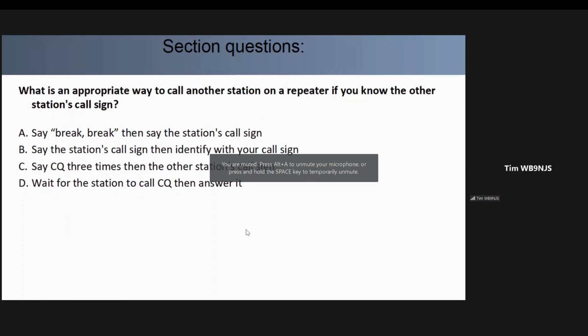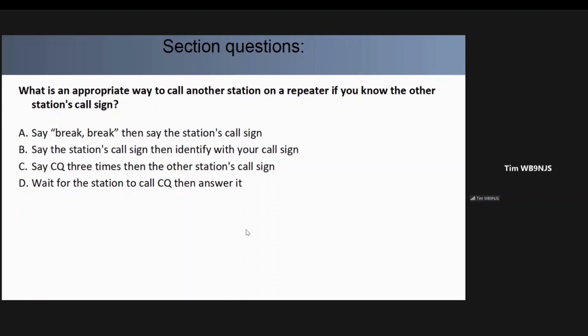So what's an appropriate way to call another station on a repeater? If you know the other station's call sign, say break, break, and then the station's call sign, then identify with yours. Say CQ 3 times and the other station's call sign, or wait for the station to call CQ and then answer it. Well, we said you don't use CQ on repeaters, so that knocks out two of them.